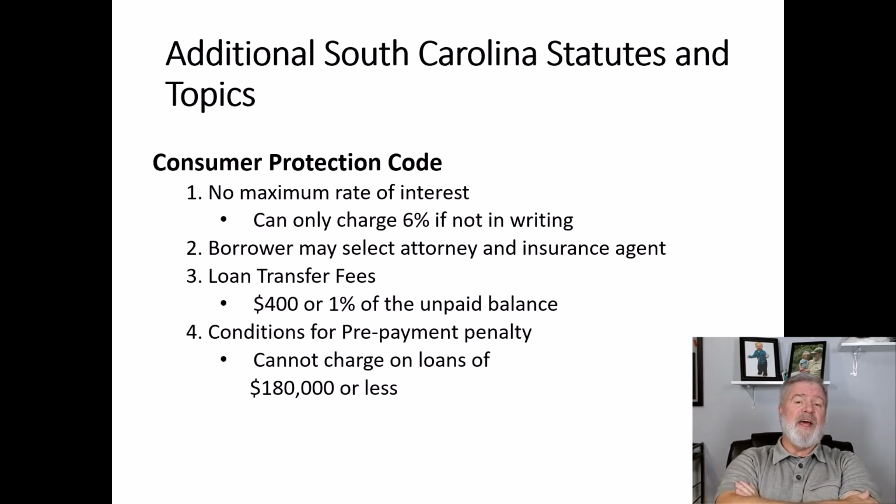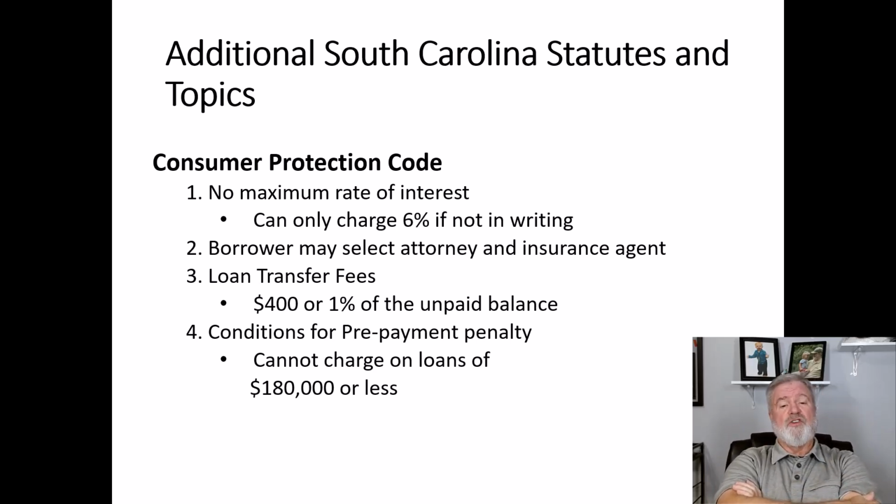Y'all, in case they ask you a question here, let me make sure we understand something. That 1% is based on the unpaid balance. Okay? You know, you might agree to pay $200,000 for the house, but the loan that you're assuming from the seller might only be $150,000. That means you've got to come up with another $50,000 to make up the $200,000.